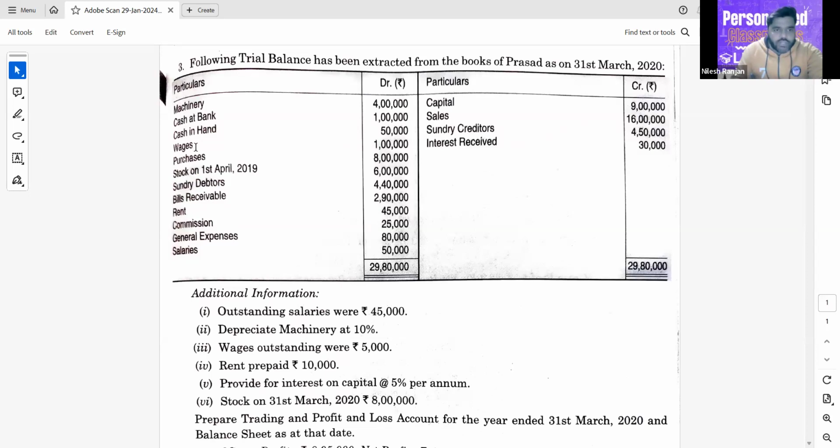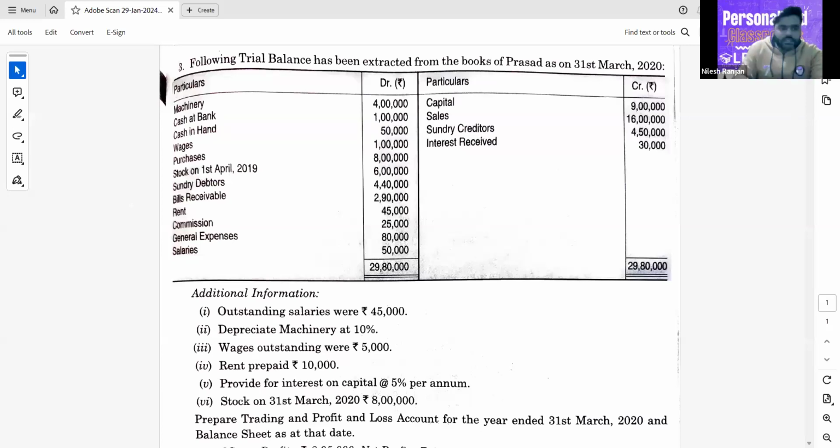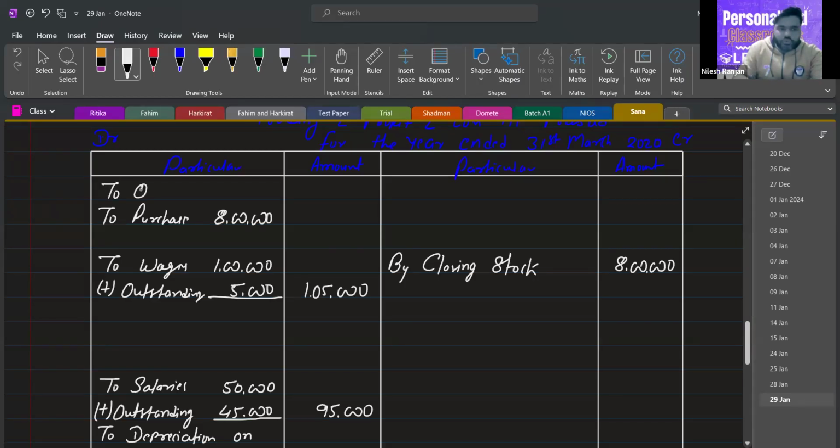There is wages we have already done. Purchase is 8 lakh. So to purchase, it is 8 lakh. After that, there is stock 6 lakh. Opening stock it is. So to opening stock, it is 6 lakh.